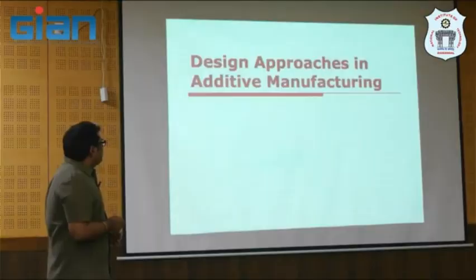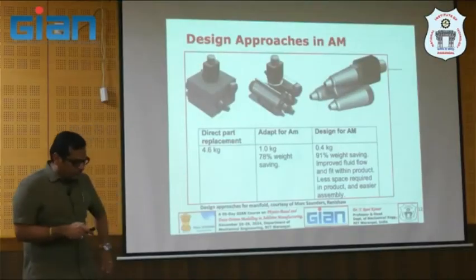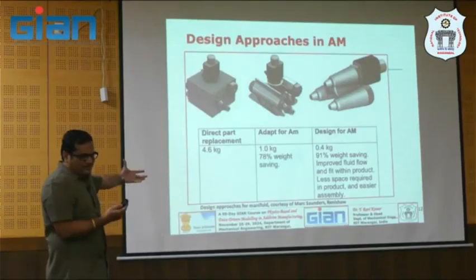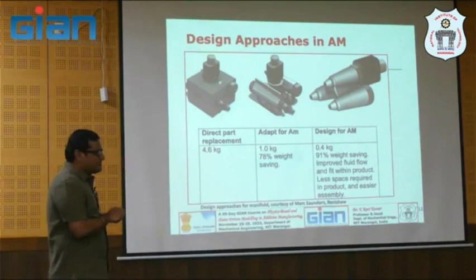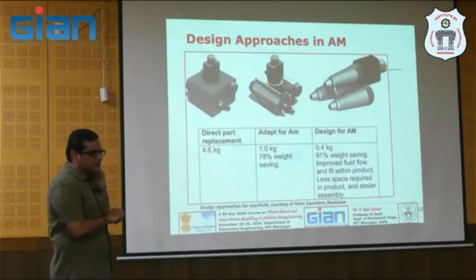Coming to the design approaches, on seeing this design, one can understand this is meant for a CNC technology, a subtractive manufacturing technology, though it is a manifold, right? So on seeing this design, one can understand this is meant for a subtractive manufacturing process. Why?